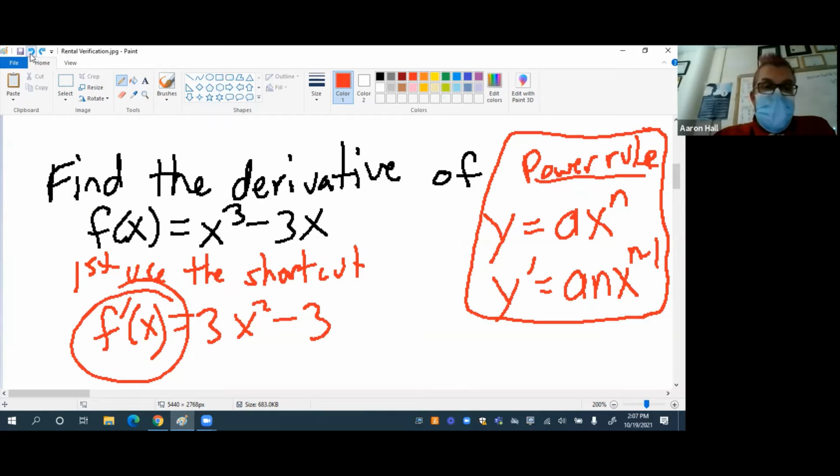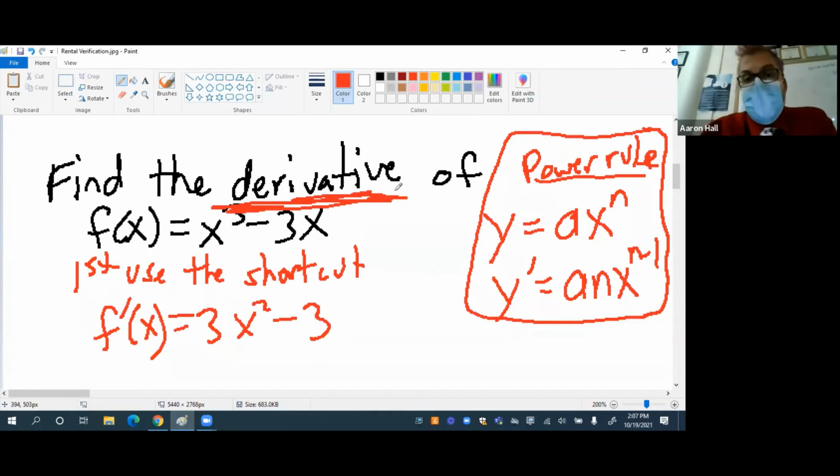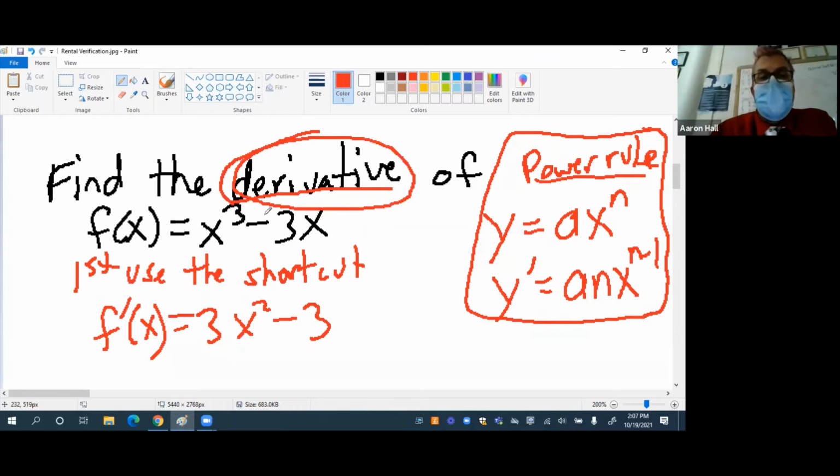Riley, do you remember what a derivative is? If most of this class is going to be about finding the derivative, we need to know what that even means. If I'm talking about finding the derivative of this function, what am I really finding? What does that mean? Isa, do you remember what derivative means?